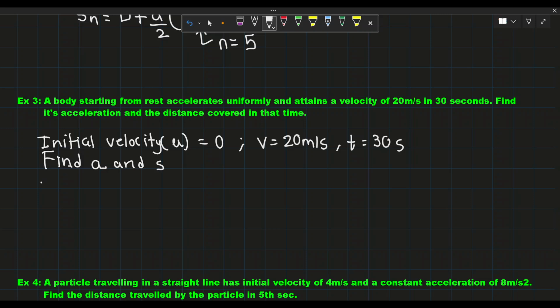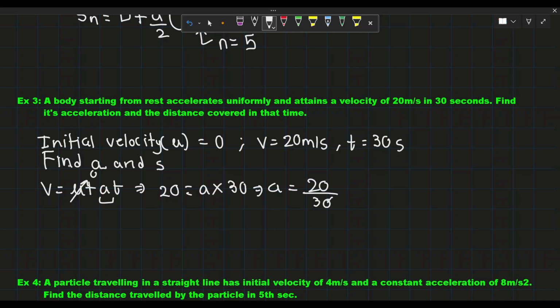They are asking us to find your acceleration, which is a, and distance, which is s. So if you use the first equation of motion, that is v is equals to u plus at, initial velocity is 0 and we need to find a in this question. V is already given, that is 20 is equals to a times 30. So your acceleration will come out to be 20 by 30, that is 2 by 3 meter per second square.